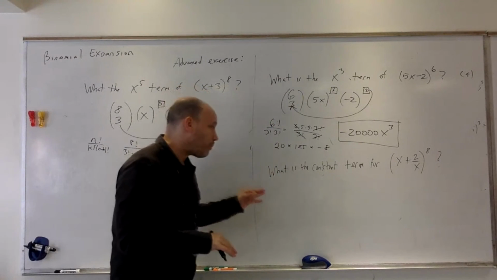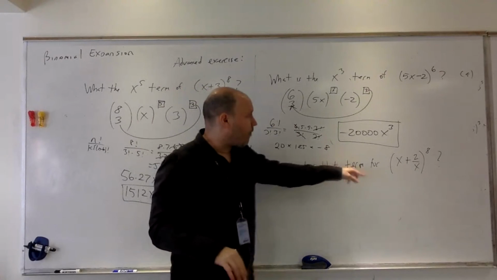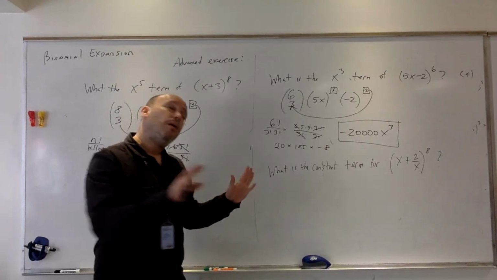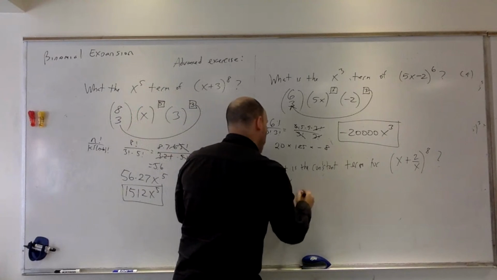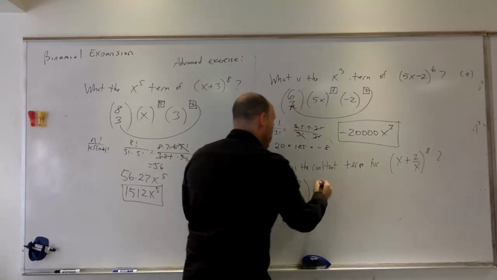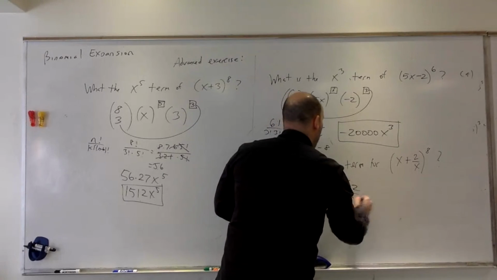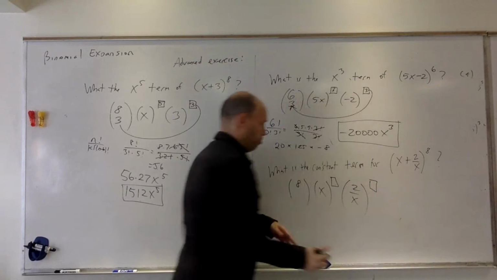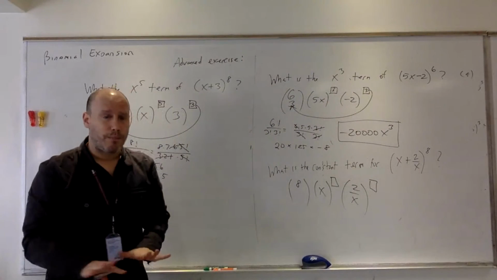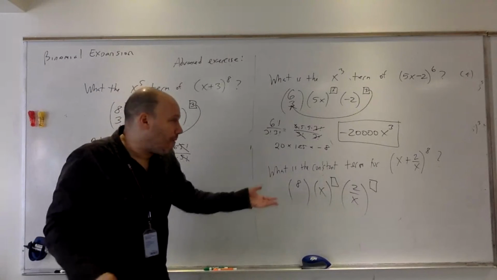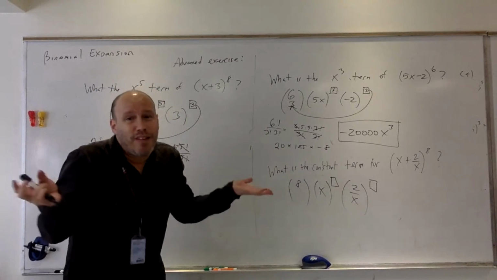let's get the structure of how to find the constants. So, what's the constant term for x plus 2 over x to the 8th? You say, fine. We know that we have 8 over something, x to the something, 2 over x to the something. The structure is the same. But in this case, I don't know what term this is.